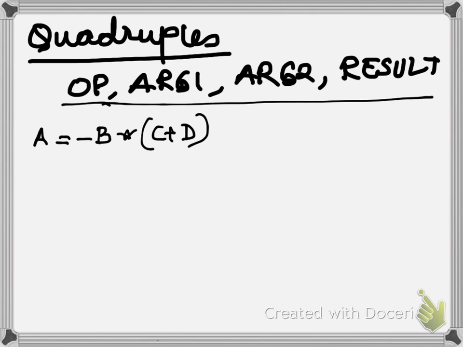So let's look at this example. Here is the statement: A is assigned minus B into C plus D. Let us write it in three address code.